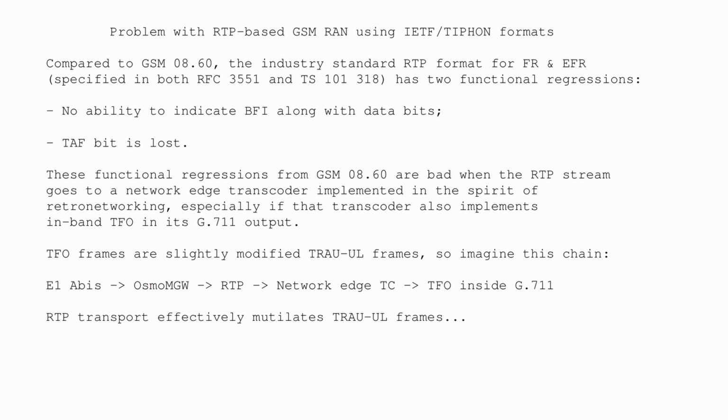But either way, that flag is there. In RTP, it's just lost. And here, again, I would like to just pass the whole TRAU UL frames out. So basically, in this network edge transcoder, I will be putting out TFO, but there is also the built-in decoder function of the transcoder itself, based on traditional ETSI libraries where all these bits matter.